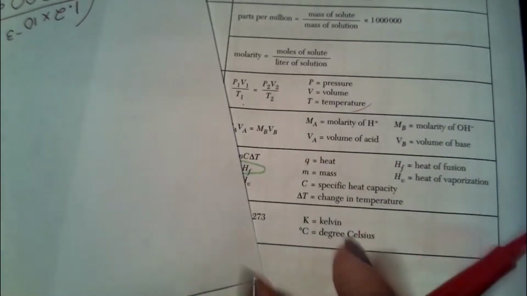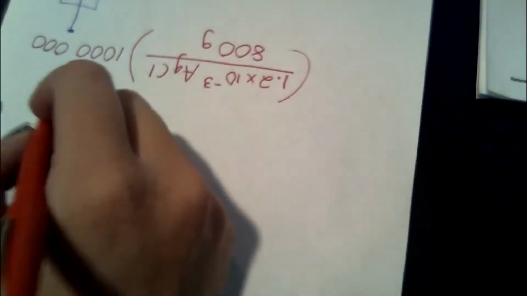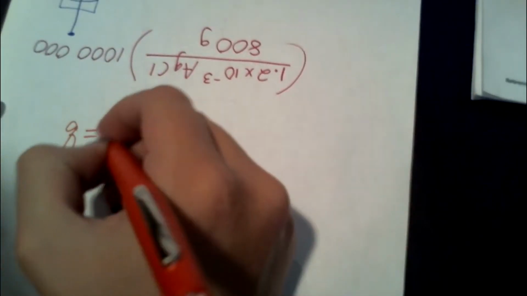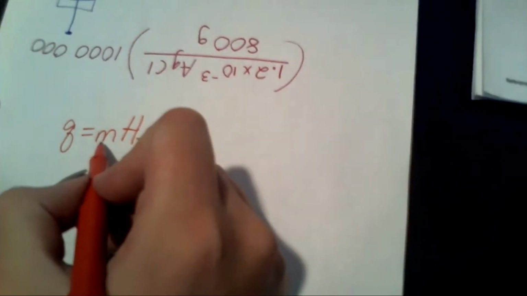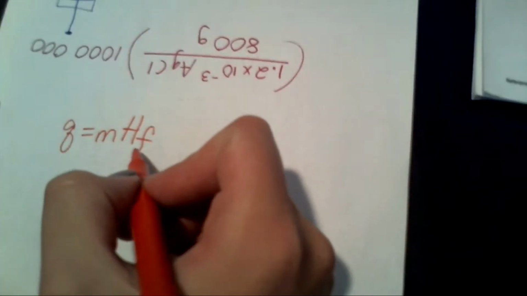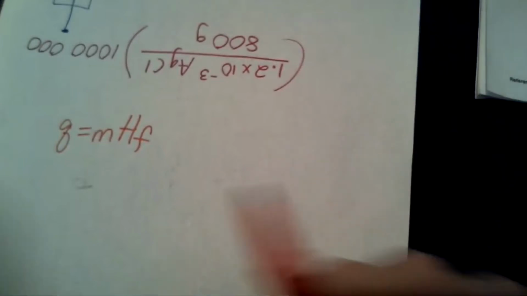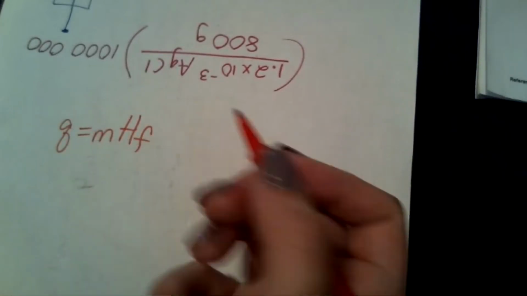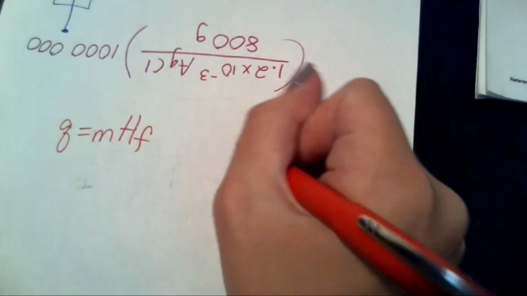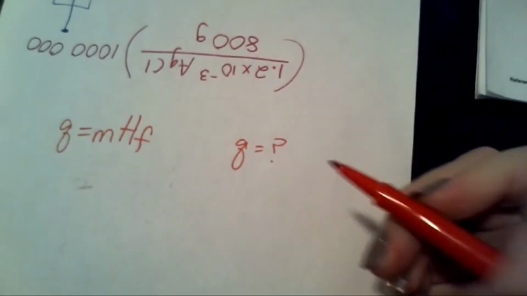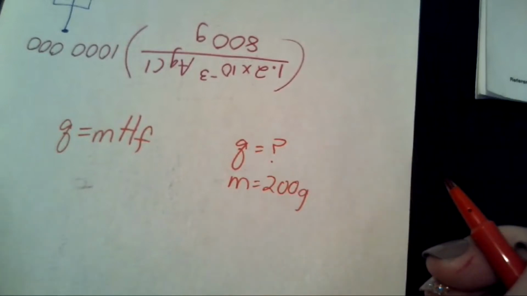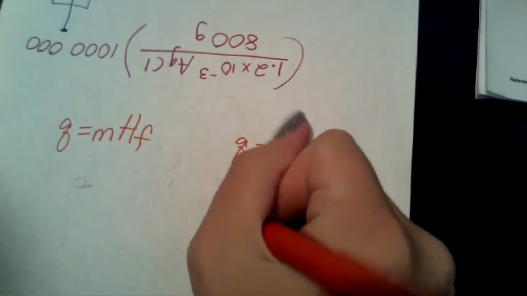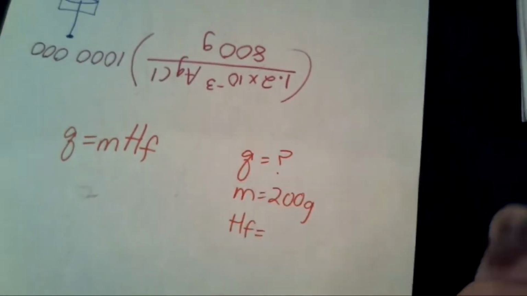We are going to melt. Let's see, we are using the equation Q equals mHf. Q is the heat, m is mass, Hf is the heat of fusion. All that's listed for you on table T. What is the amount of heat? They want to know Q. m is 200 grams. And Hf is a constant.